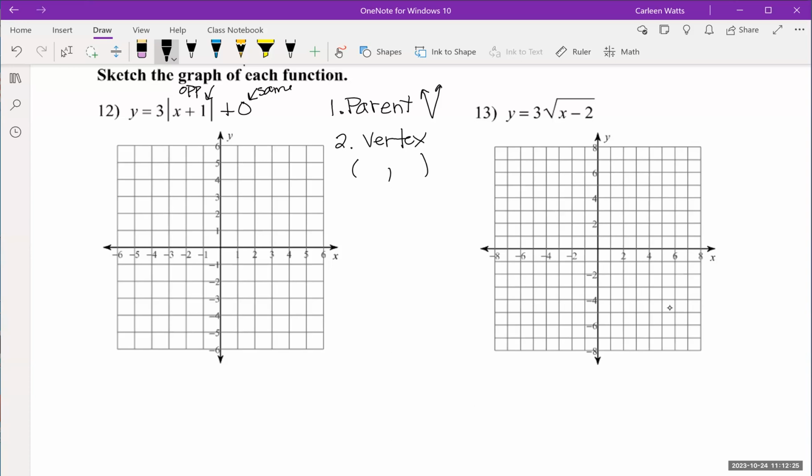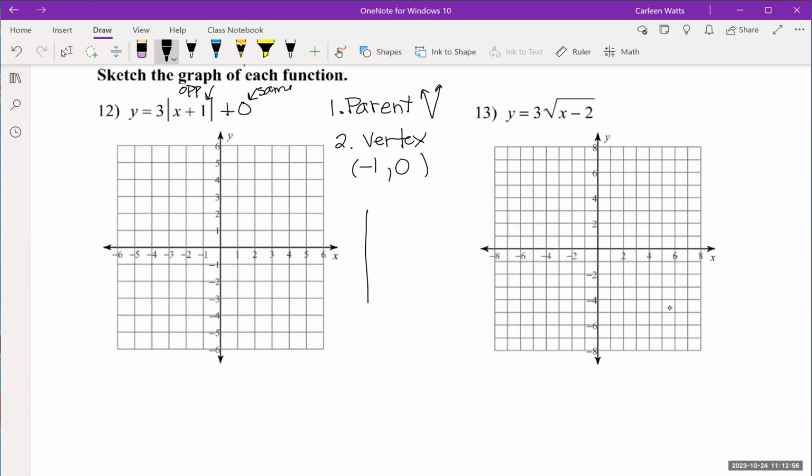Does anyone want to guess what the X and Y coordinates of the vertex are? Okay, the X coordinate is -1. The Y coordinate is 0. Yeah, opposite of what's inside the absolute value, same, and there wasn't anything out there, so it was just a 0.